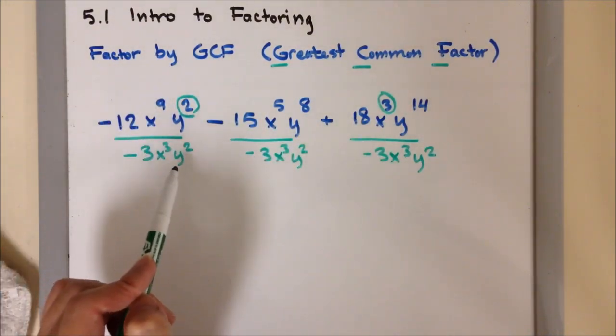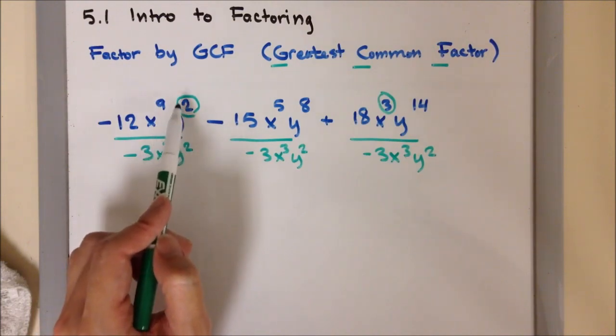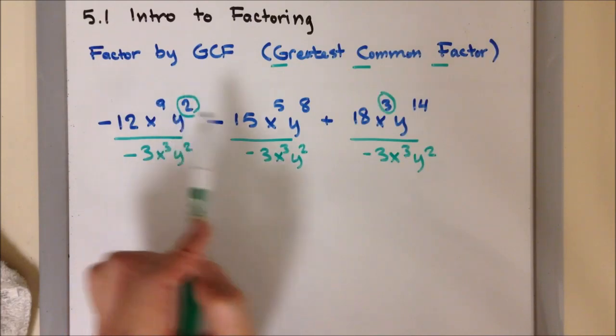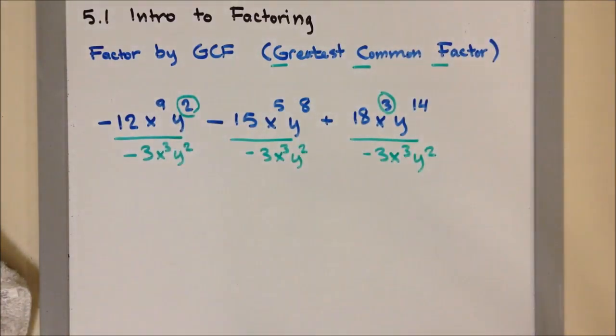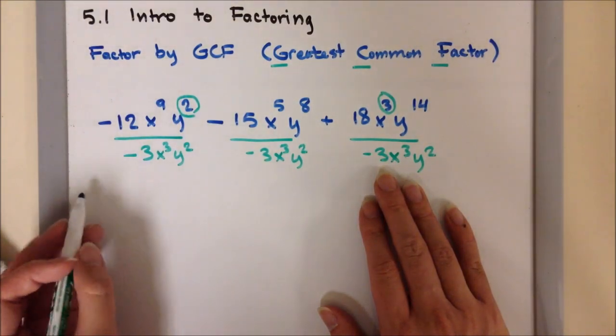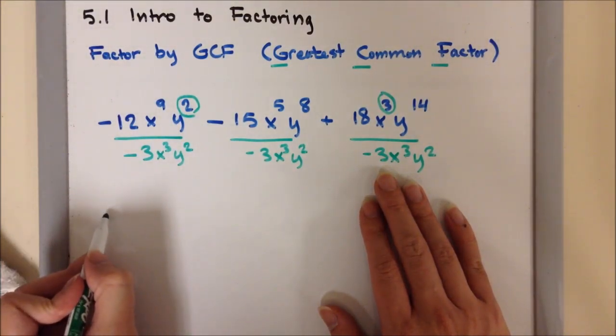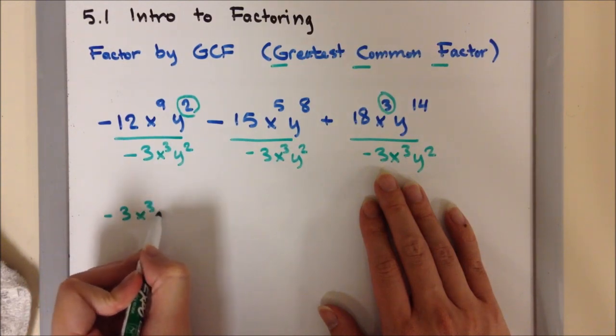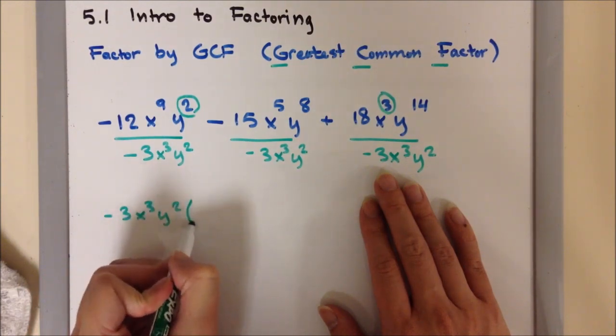In addition, I'm also dividing by y squared, the 2, because that's the lowest exponent compared between 2, 8, and 14. So this is my GCF, my greatest common factor. It will be outside the parenthesis. So negative 3 x to the third power y squared in front of the parenthesis.